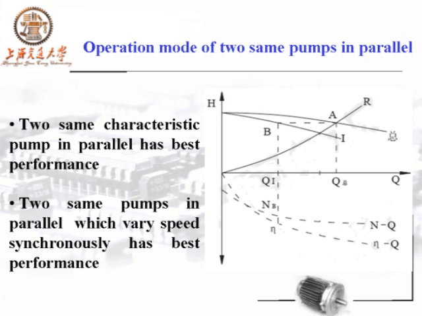And we know the two-stem characteristic pump in parallel has the best performance when it operates. And if we change the pump speed, two-stem pumps in parallel with varying speed synchronously also have the best performance.